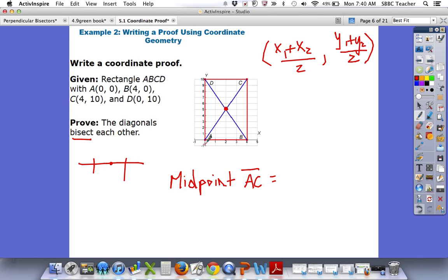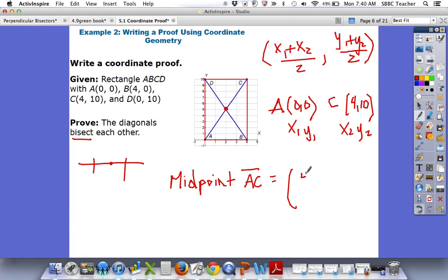A is (0, 0) and C is (4, 10). So our midpoint is 0 plus 4, which is 4, divided by 2, comma, 0 plus 10, which is 10, divided by 2. If we reduce that, we get (2, 5). So the midpoint for AC is (2, 5).